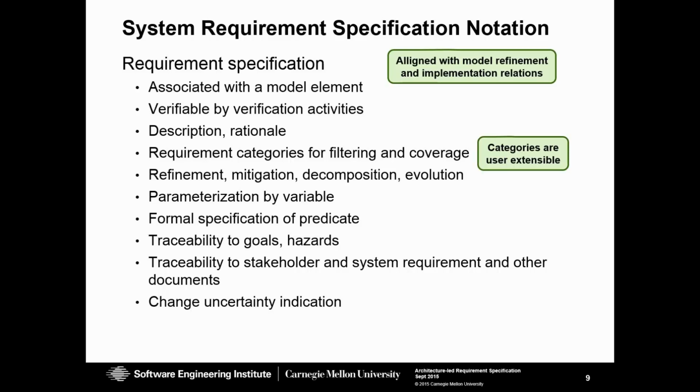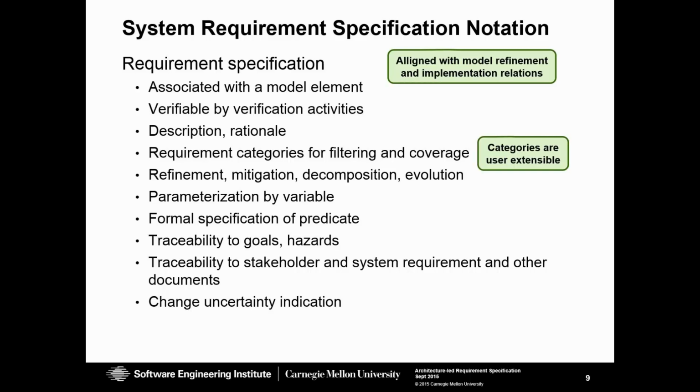We also have added into the notation the ability to parameterize requirement specification in such a way that things that frequently change can be changed in a single place, and typically that is values, for example, what should be the maximum weight or what should be a stability point in the control function.